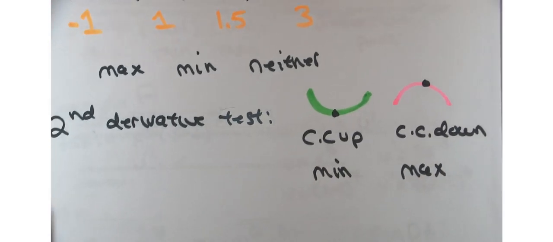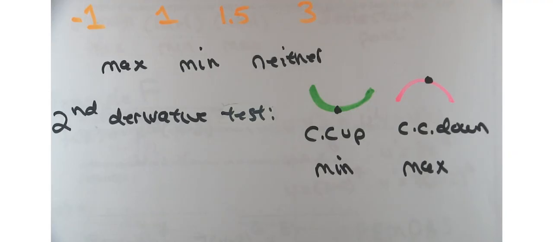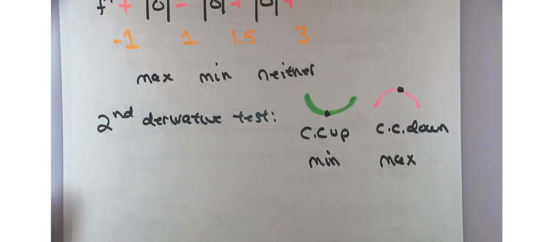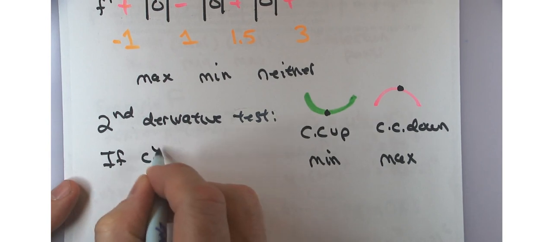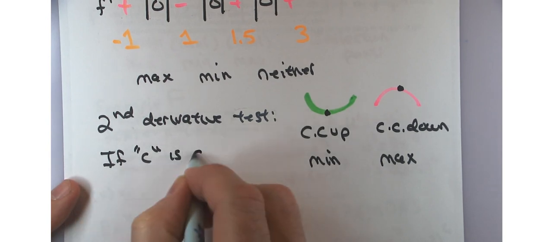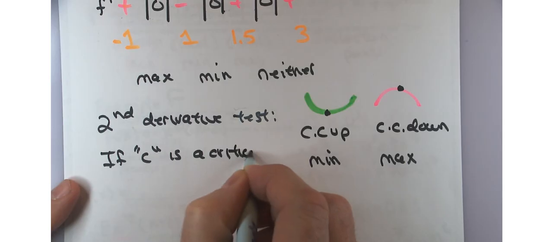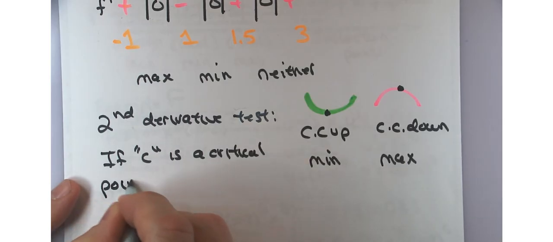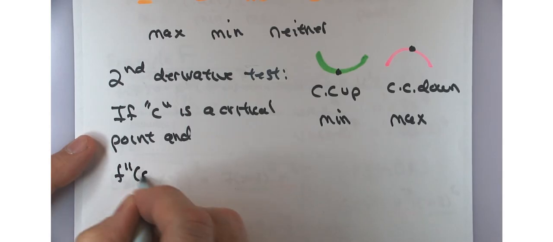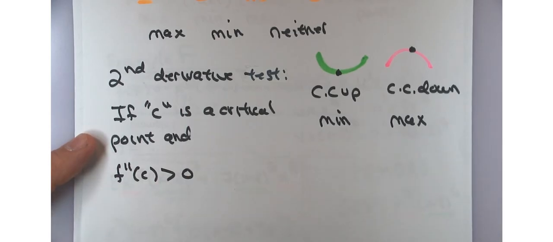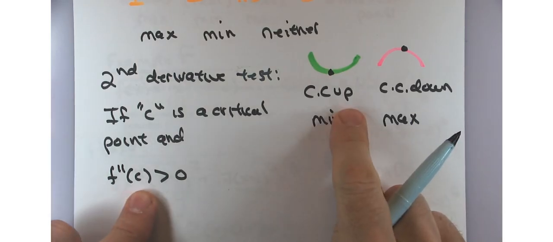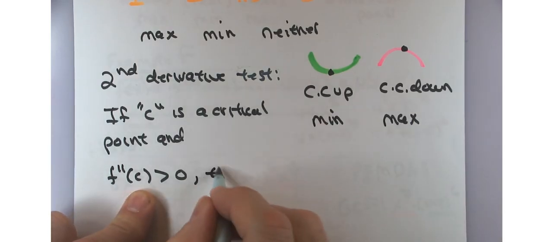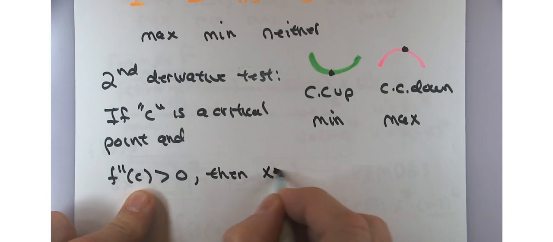So if c is a critical point, and f double prime of c is greater than 0, then x equals c is a minimum.